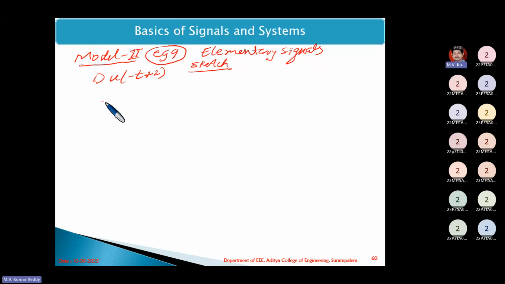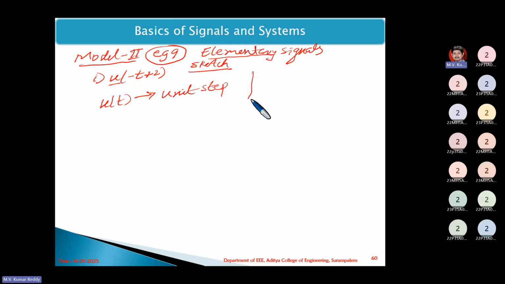Already we know what u of t is. In elementary signals, u of t is called the unit signal, that is, the unit step signal.